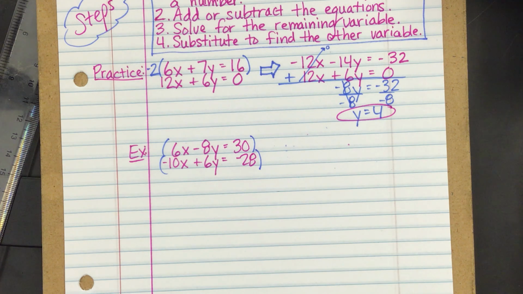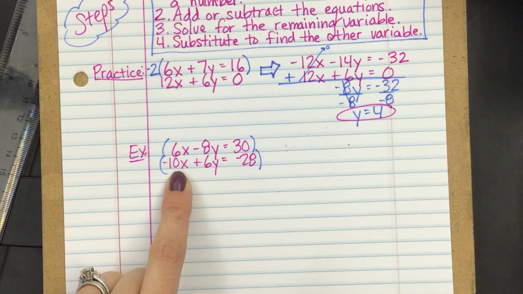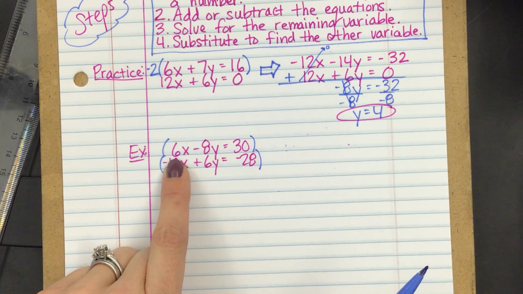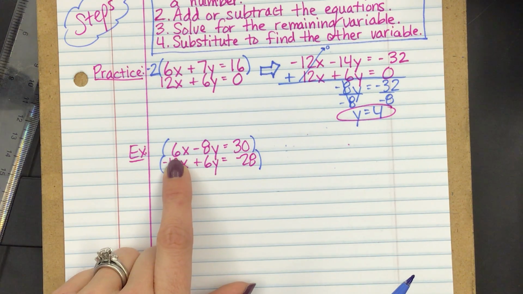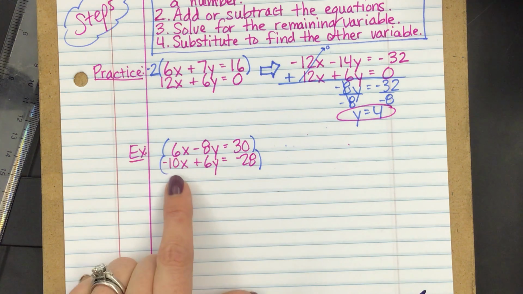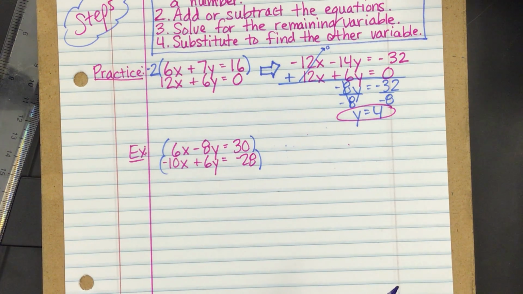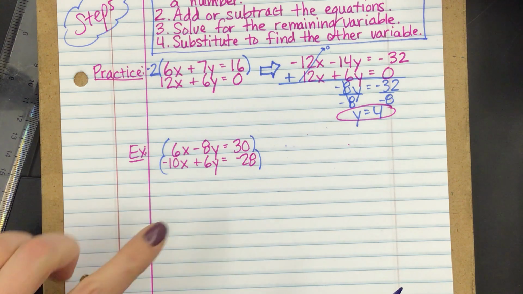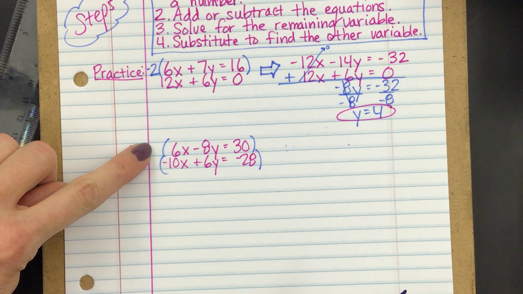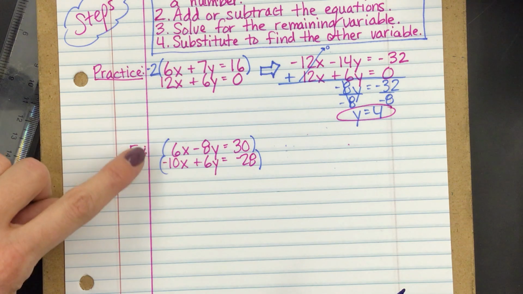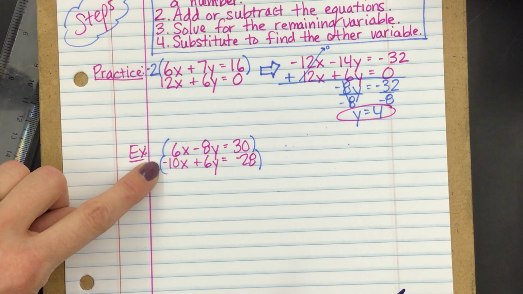So I'll multiply the top equation by something and the bottom equation by something that will allow that something to be eliminated. What I have my eye on is the x terms, because if I multiply the top equation by 10, this would be 60x. And if I multiply the bottom equation by 6, this would be negative 60x. Yeah, Carl? Or you could multiply the top equation by 5 and the bottom equation by 3.